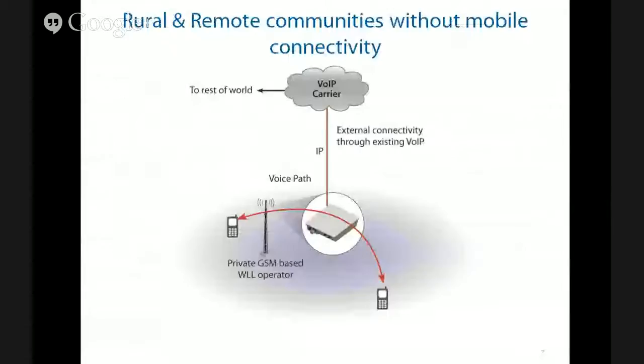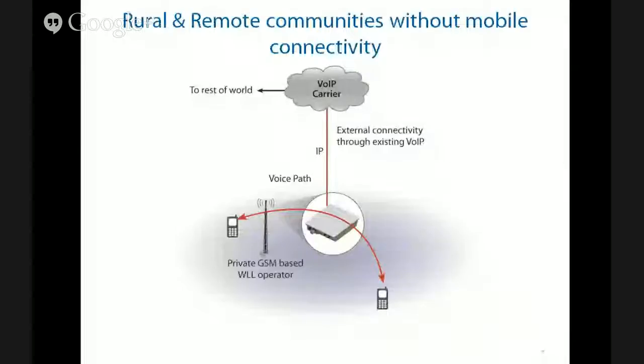Next is a picture or diagram which shows how to deploy or how to use this box or equipment. So this is a very small box, and you can easily install it on a pole or on a wall. It is the backbone of this equipment.